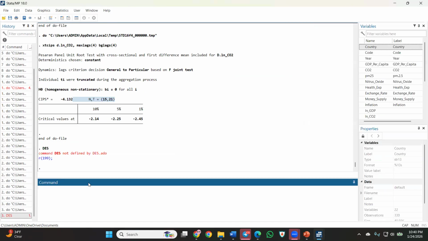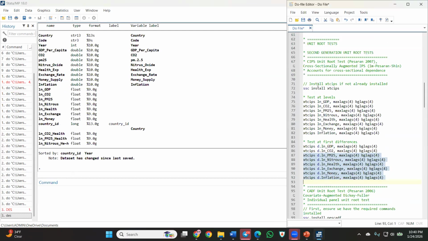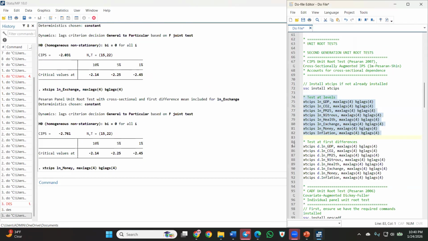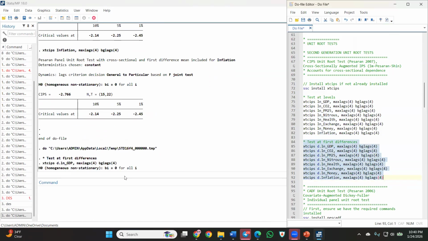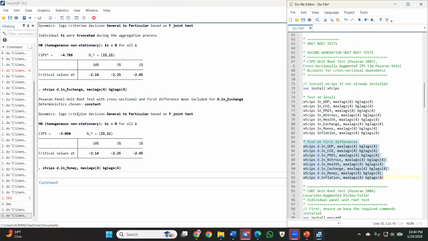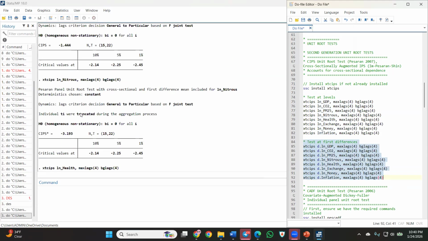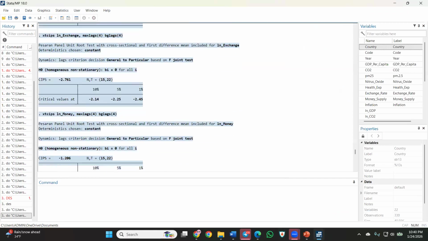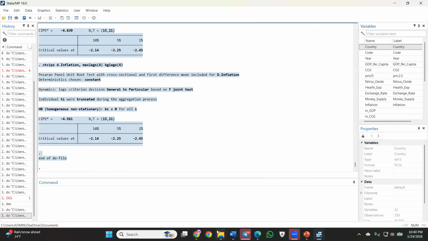So let me run at levels again for all of the variables, and then run at first difference, because I want to get the results for AI to summarize in a table for me. Now I've run both at level and at first difference. Let me copy all the results for AI to summarize so that we will understand it properly.